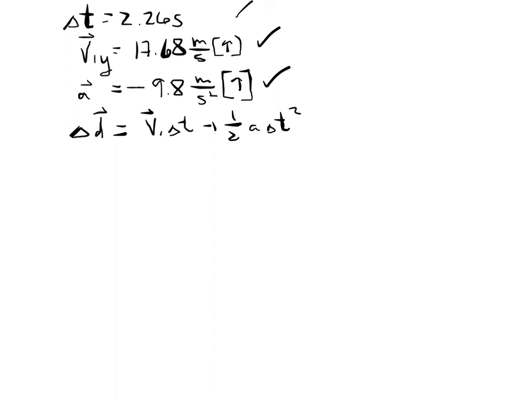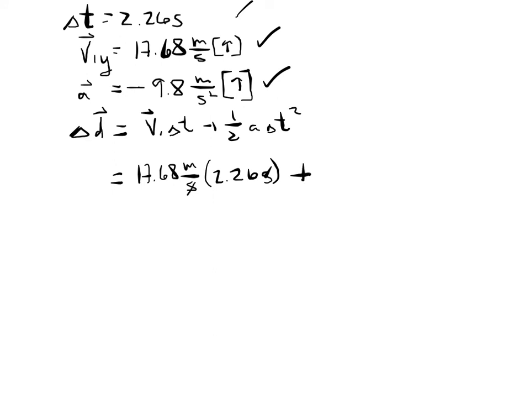And so, substituting, we have 17.68 meters per second times 2.26 seconds. Seconds will end up canceling there.